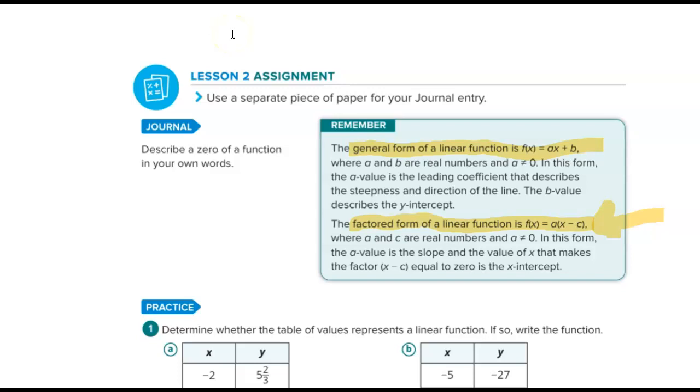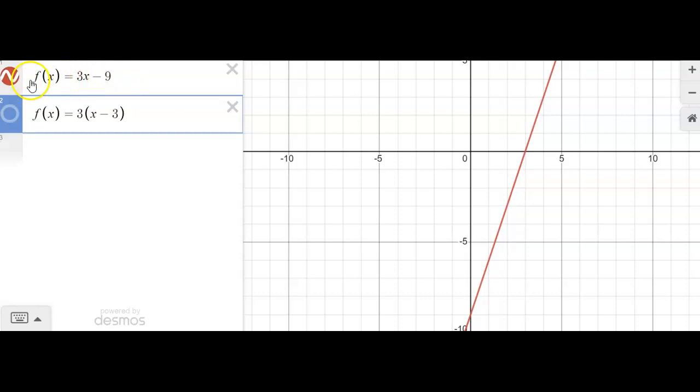So let's look at Desmos. This red line is written in general form. So we have f of x equals a, or m, times x plus -9, or minus 9. This is our slope. This is our y-intercept. And we can see that on the graph.